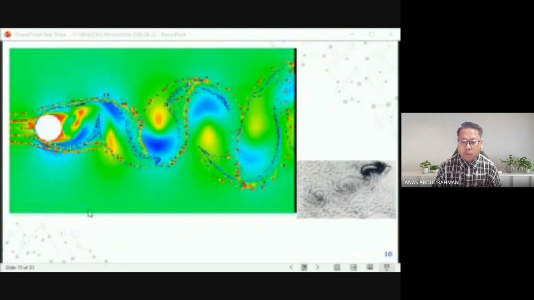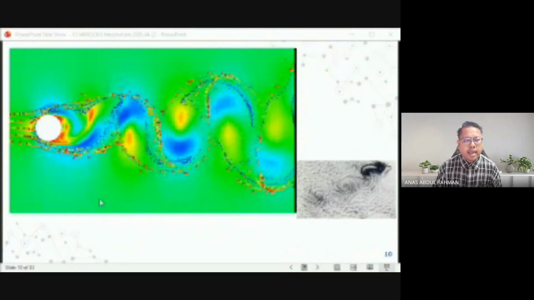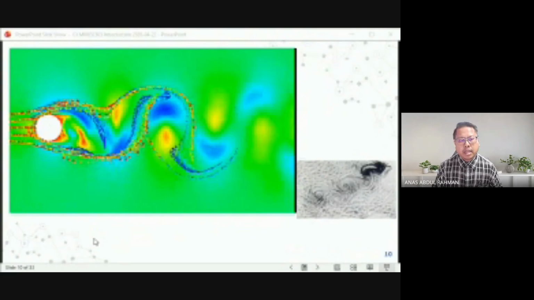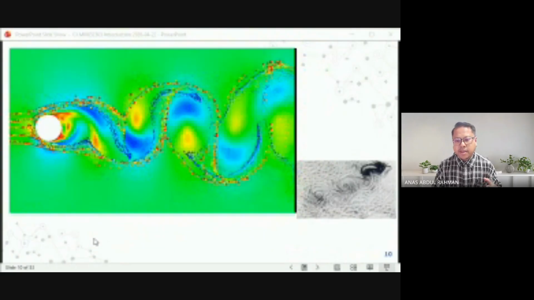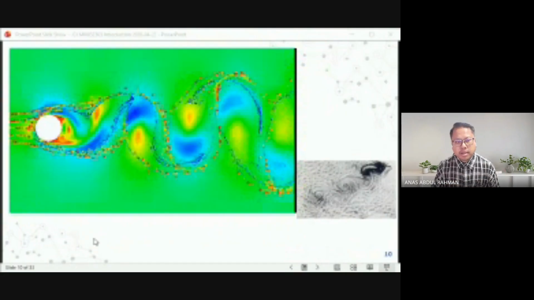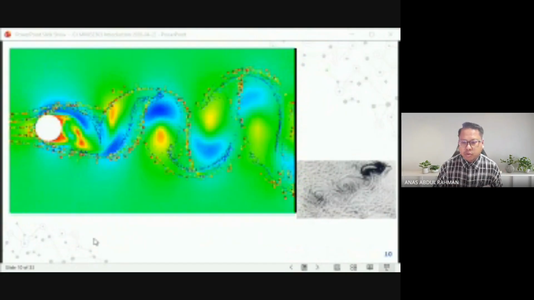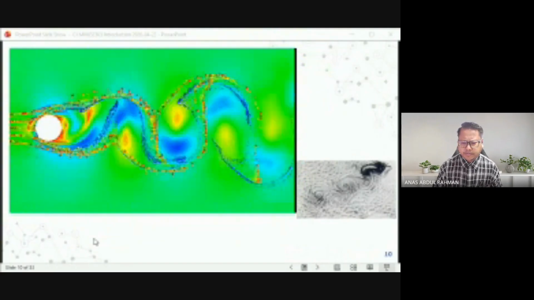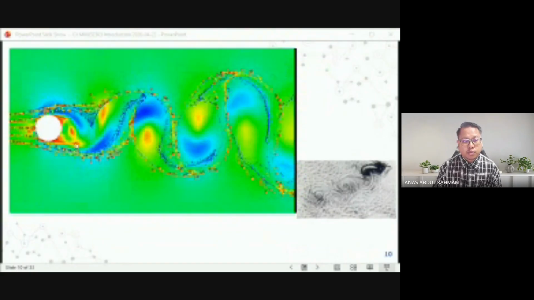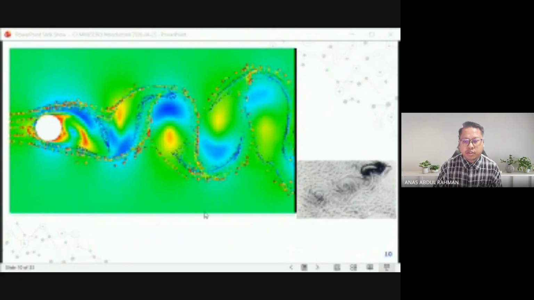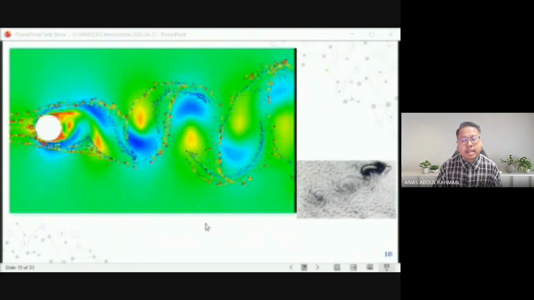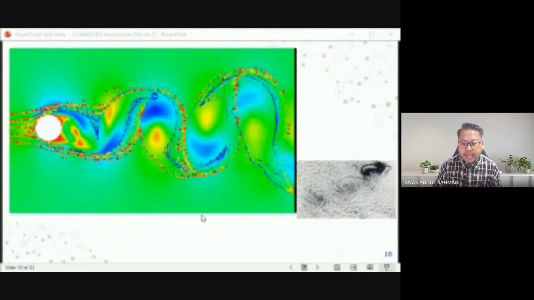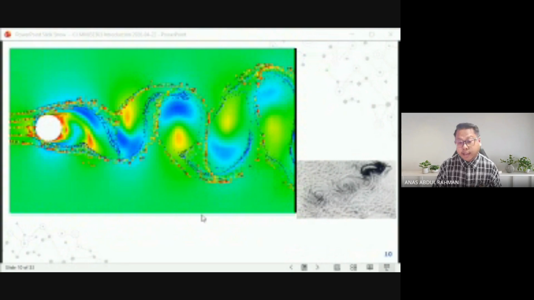It can be water, it can be air, and the characteristic of the wake is basically the fluid behavior behind an obstacle, due to the conservation of mass, conservation of momentum, and conservation of energy. And that's what we are looking at right now here on the screen. So this is an example of what CFD can achieve basically. We want to replicate the natural phenomena as accurately as possible.